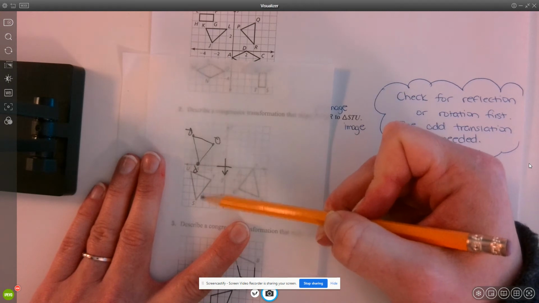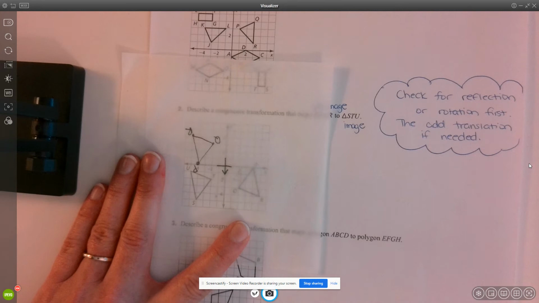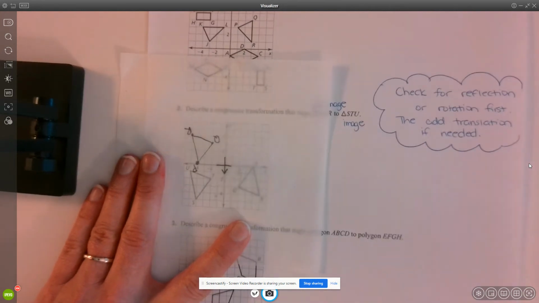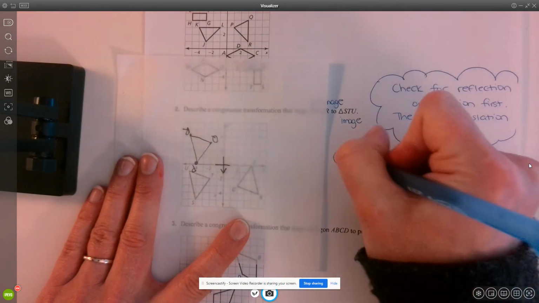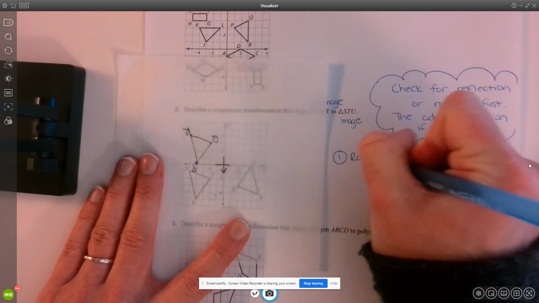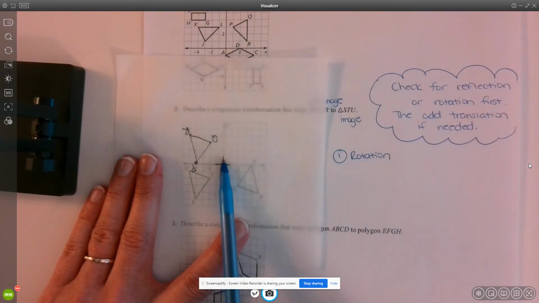And so what this tells me is in my congruence transformation, I first need to do a rotation. And so my first step is to do a rotation. And I have to remind myself, how many degrees did I rotate? Well, my arrow started pointing up. It is now pointing down.